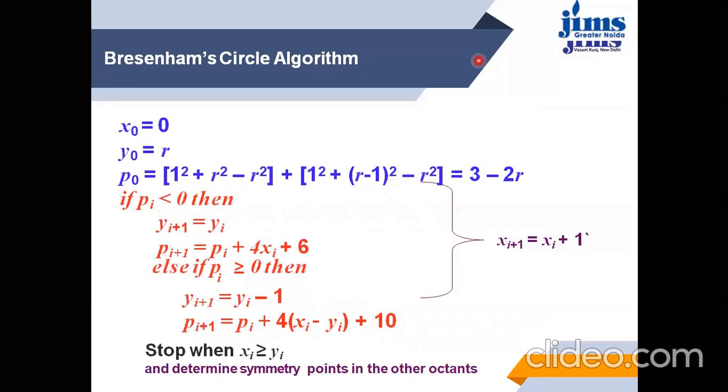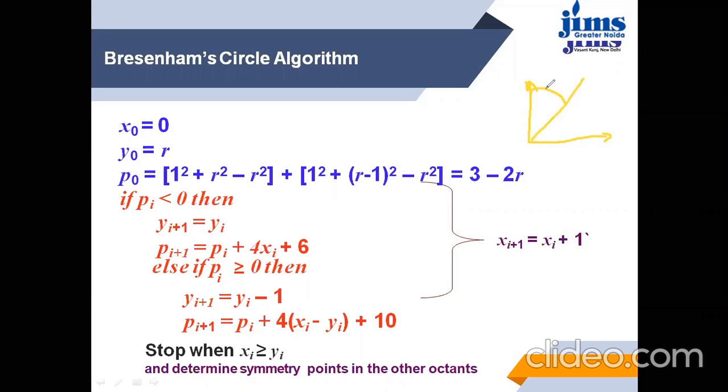So what we will try to do over here is find the coordinates. Suppose this is my coordinate system, x and y. I will try to find the coordinates from the y-axis to here.